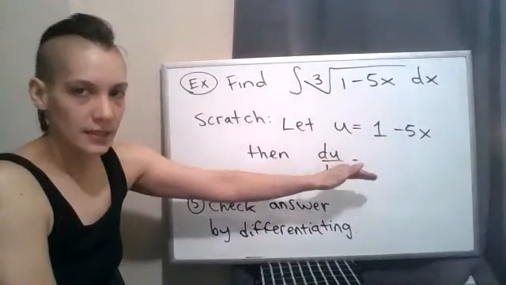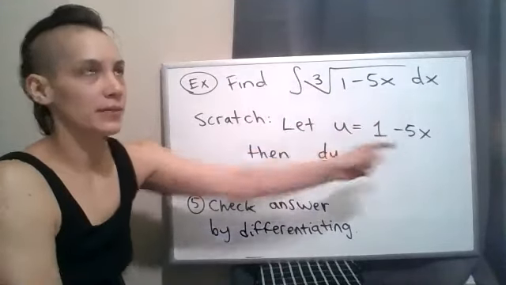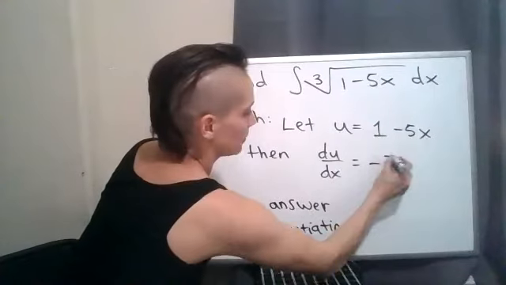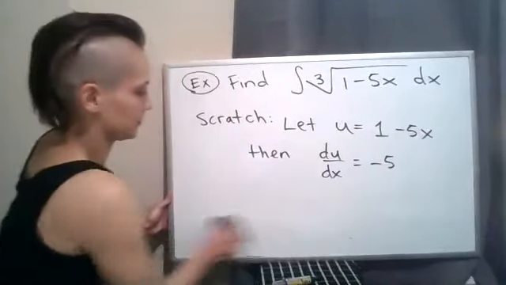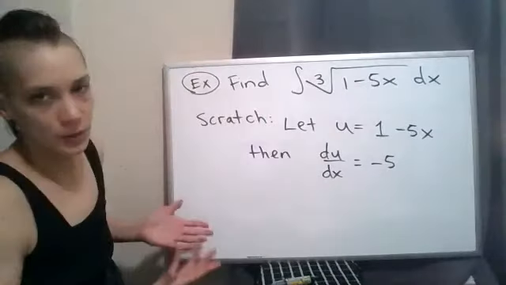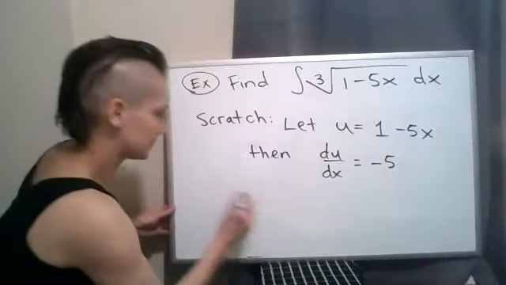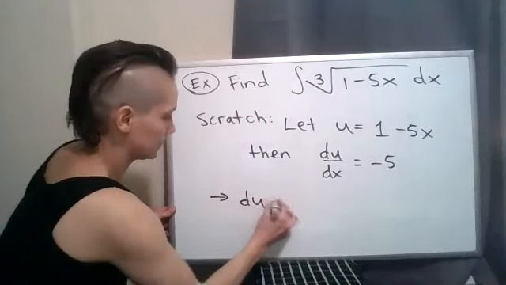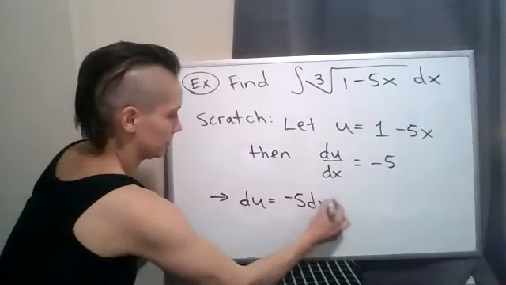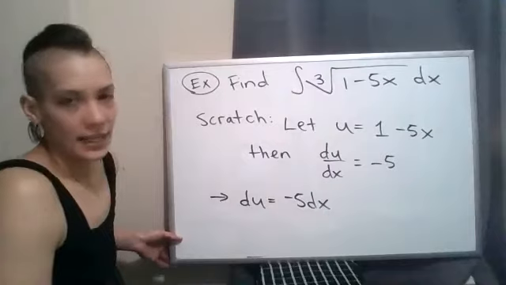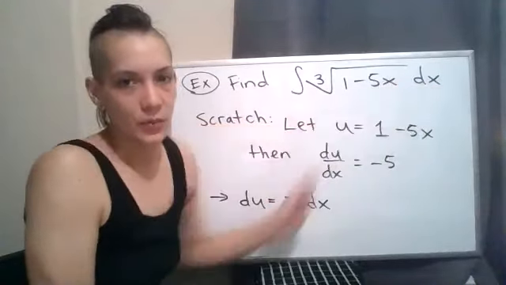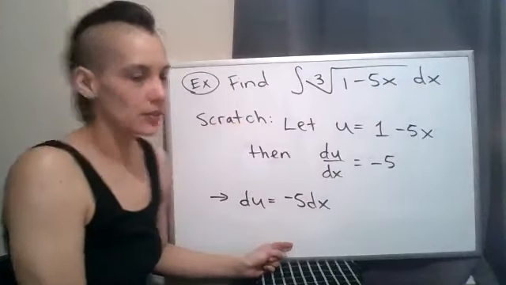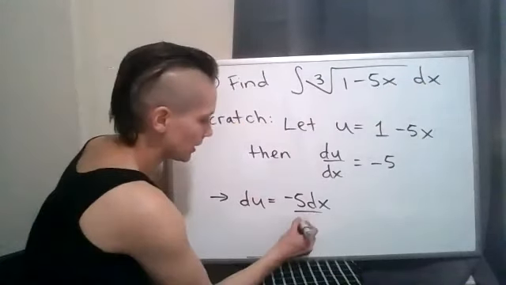Derivative of 1 is 0, and we've got derivative of negative 5x, negative 5. Actually, I like to just go ahead and solve for dx and replace this dx with whatever scratch work I've done here. So I would divide both sides by negative 5.